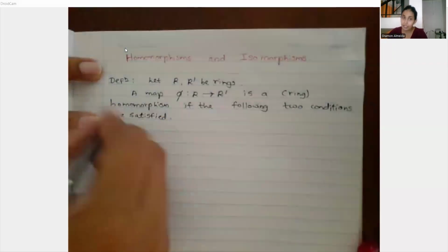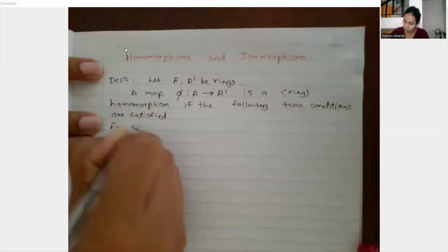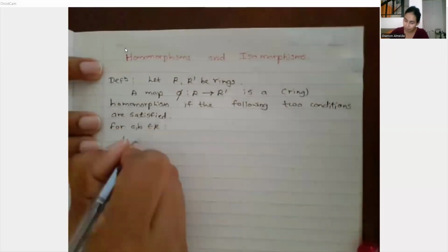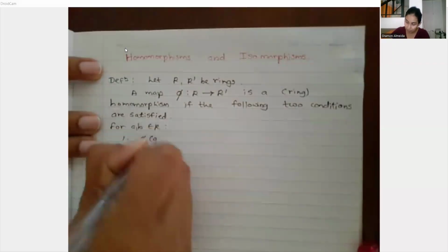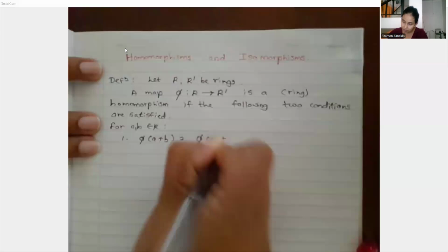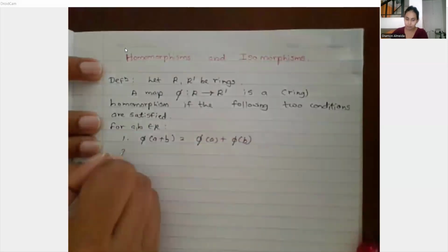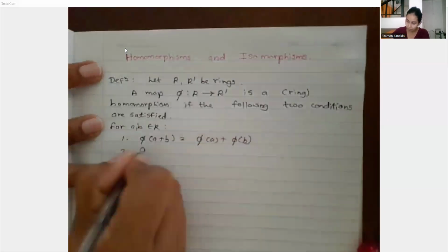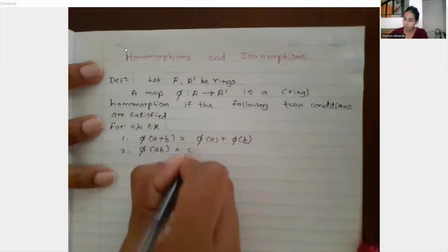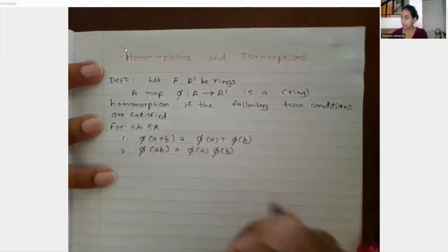So for any a, b in R, for any two elements a, b that we take from the ring R, first we must have phi of a plus b equal to phi of a plus phi of b. Then the second condition, phi of ab, a times b, must equal phi of a times phi of b.